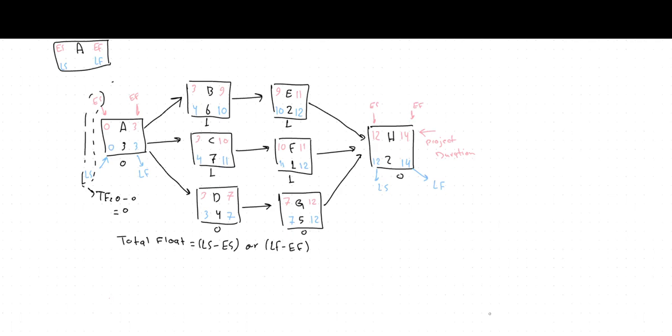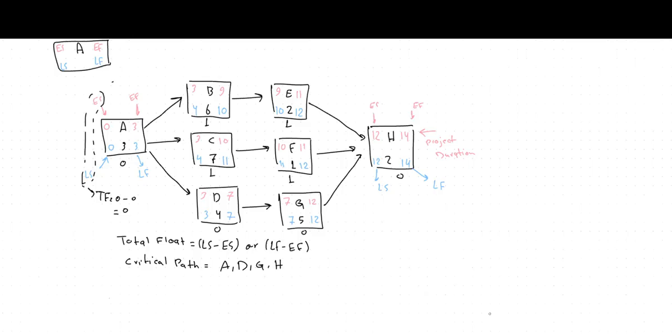Every activity with total float equal to 0 is a critical activity, so the critical path is equal to A, D, G, and H.